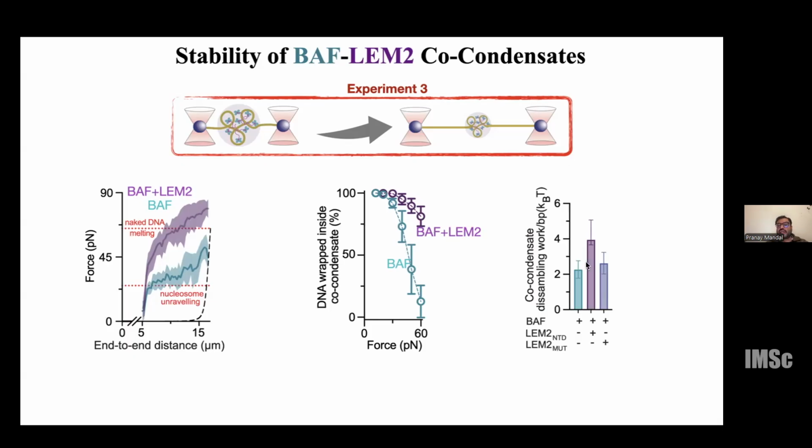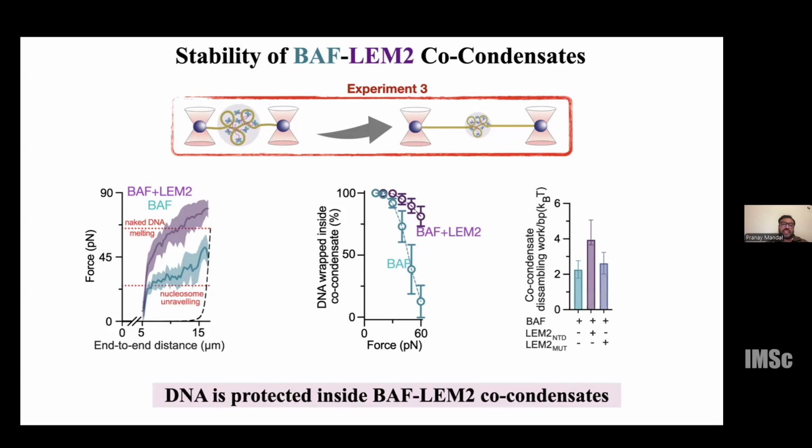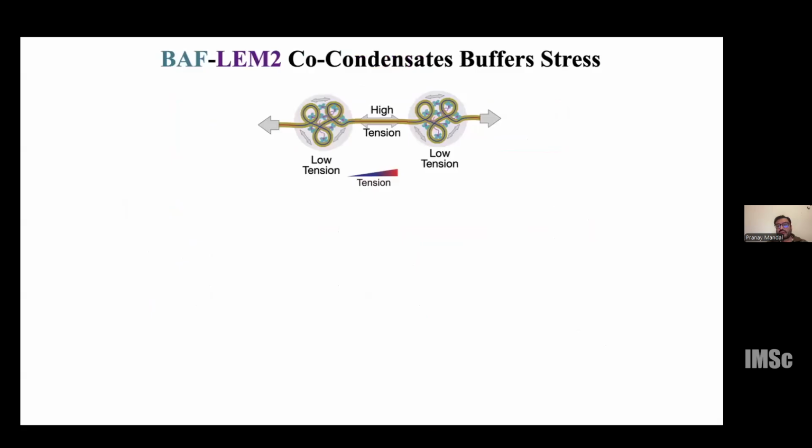One can also calculate the energy it takes to unravel one base pair of DNA from the BAF-LEM2, and it takes about 480 of work. So this experiment shows that the DNA is actually protected inside the BAF-LEM2 condensates.